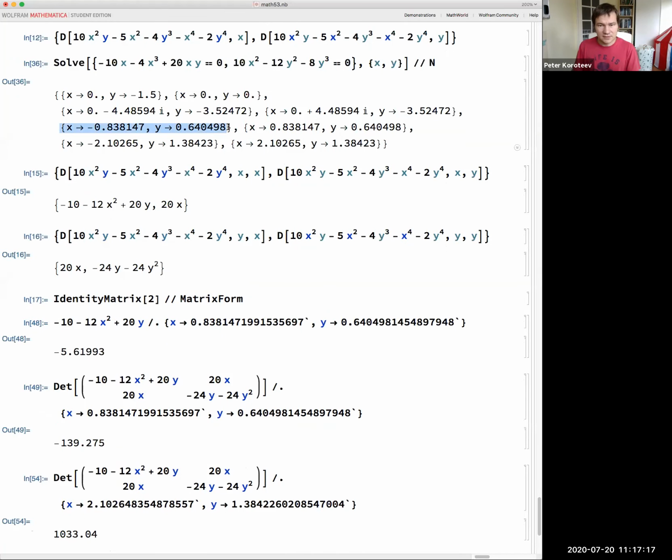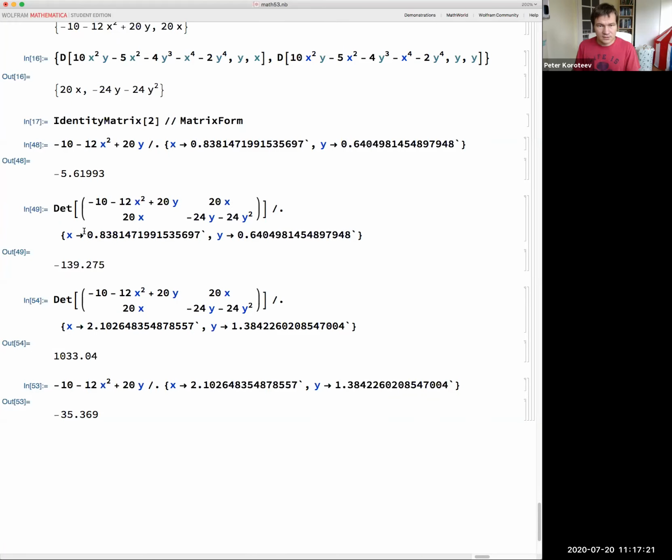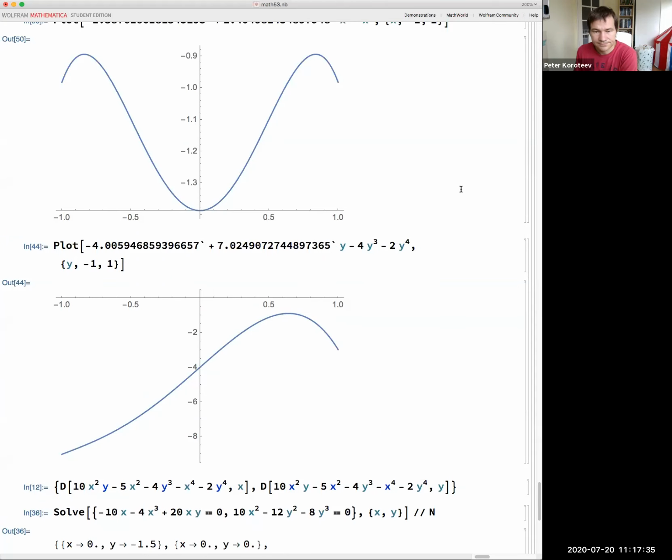Let me check once again. Take x and y here, take the derivative, evaluate that. It's negative. Anyhow, it doesn't look like a maximum, so it's neither maximum nor minimum.